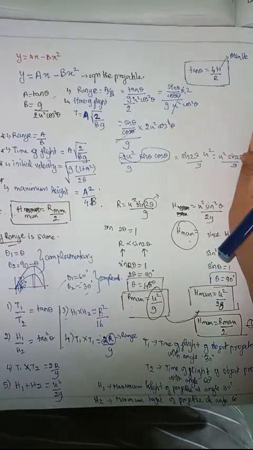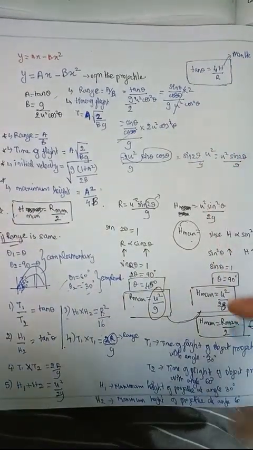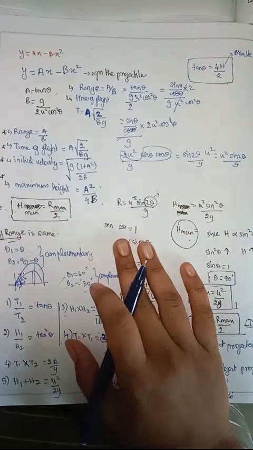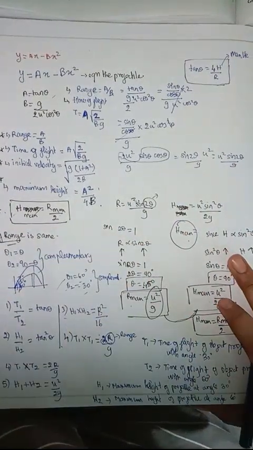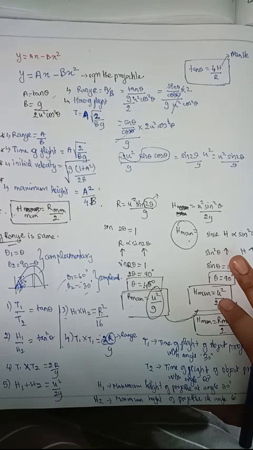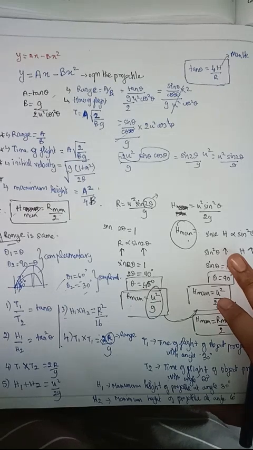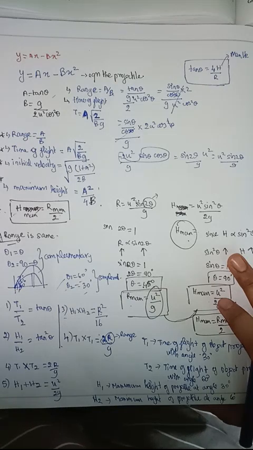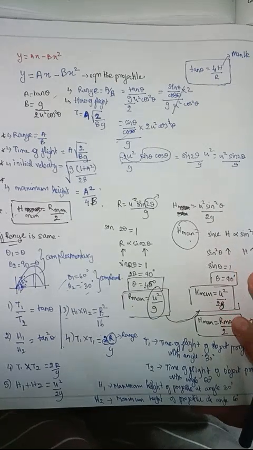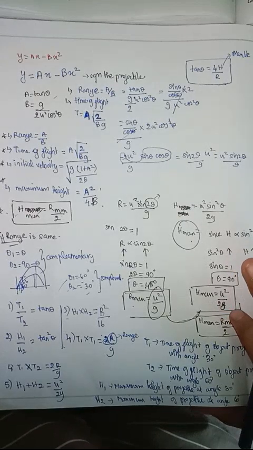There is a difference between maximum height and the maximum value of maximum height. In some books they represent h max as maximum height; in some books they represent the maximum value of maximum height as h max. Here I am taking h as maximum height and h max as the maximum value of maximum height.